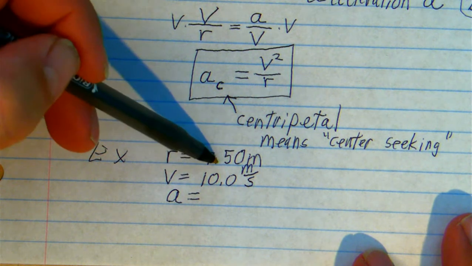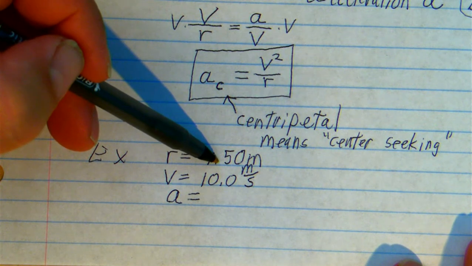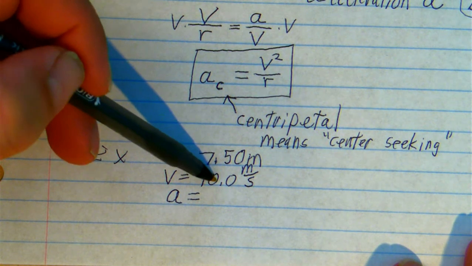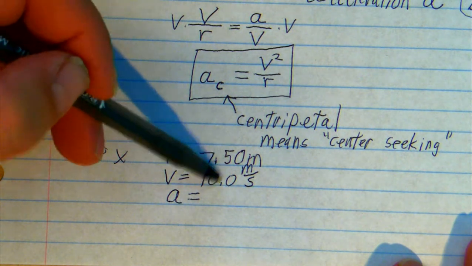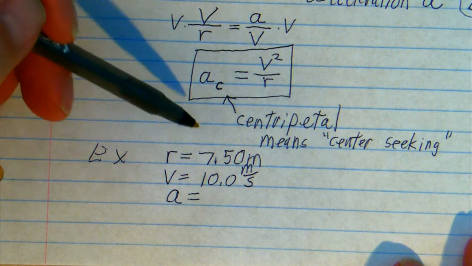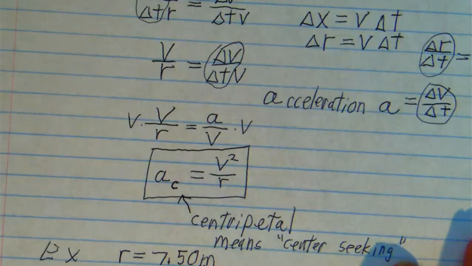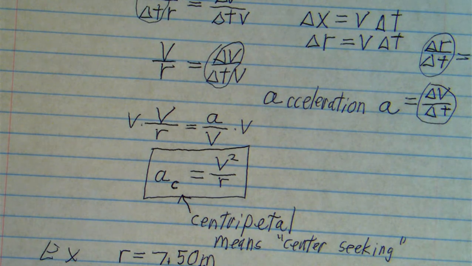Okay, so this would not fit in our physical classroom at school. It had to be done outdoors. And this is moving faster than you can run. So I'm expecting a kind of large value for the acceleration. Calculate, please. What do you get for the acceleration in this example?